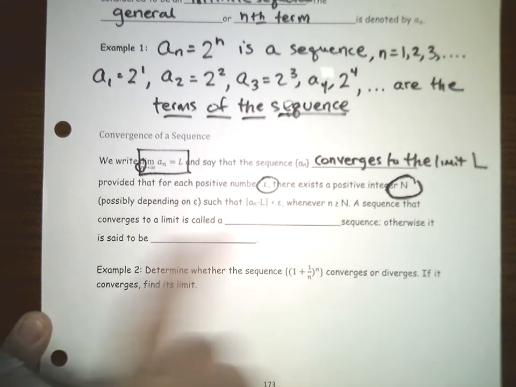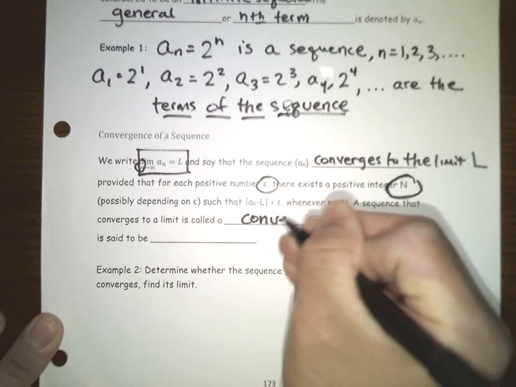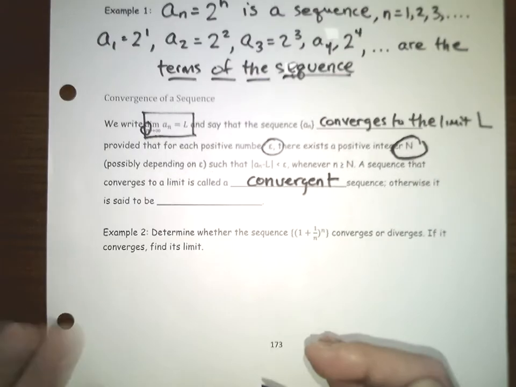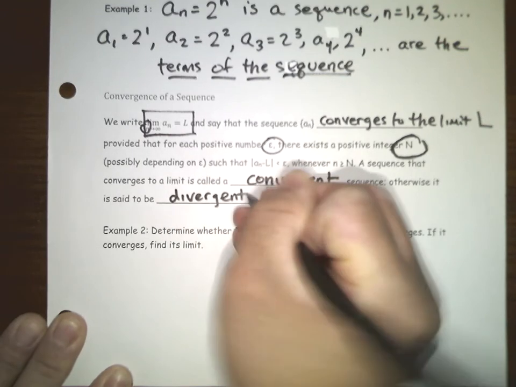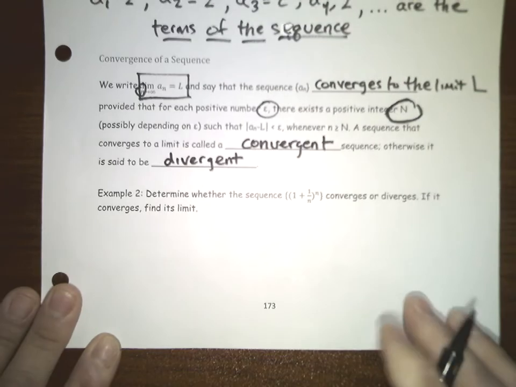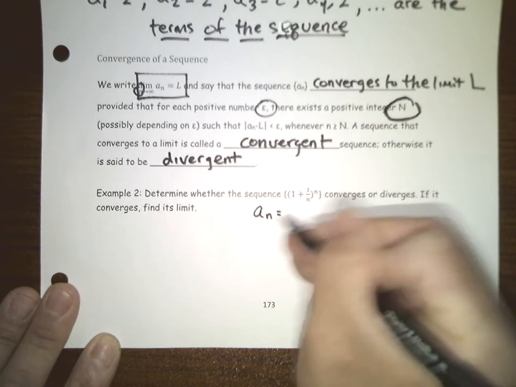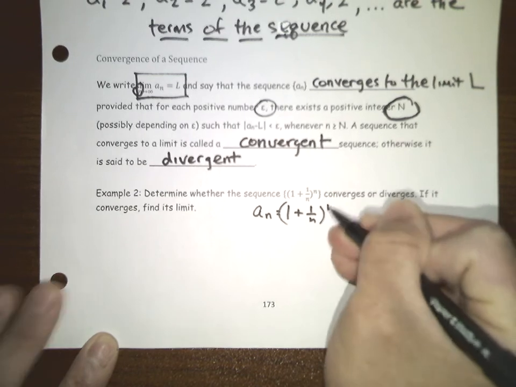And a sequence that converges to a limit is called a convergent sequence. Otherwise, it is said to be divergent.